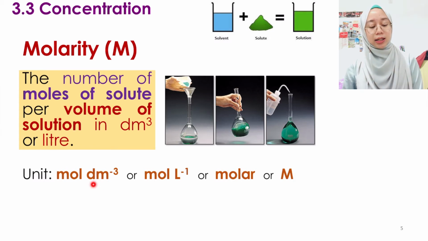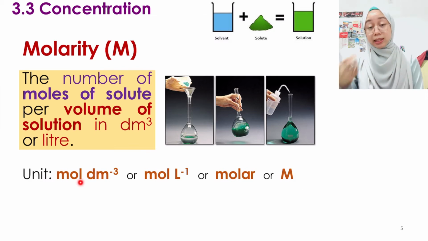So that is why you can see here mol per decimeter cube, mol dm-3, ataupun mol per liter, mol L-1, or sometimes dia akan panggil ni sebagai molar ataupun dia guna M besar je untuk mewakili mol per decimeter cube ataupun mol per liter.